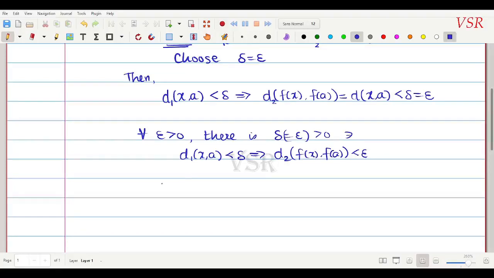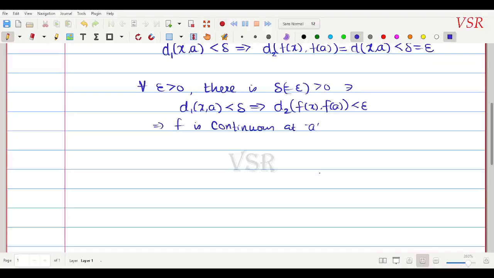So this implies that f is continuous at a. Okay, since a belongs to capital X1 is arbitrary, we have f is continuous on X1.